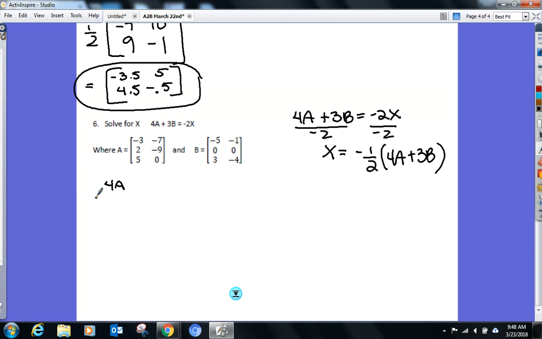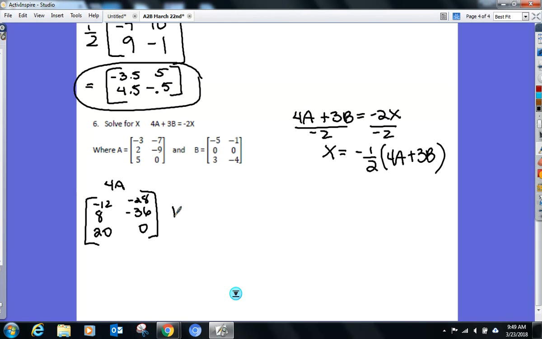So 4a will be, and do you have to put the little 4a above? No, I'm just showing everyone, hey, I'm doing 4 times matrix A. Negative 12, negative 28. 8, negative 36, 20, and 0.